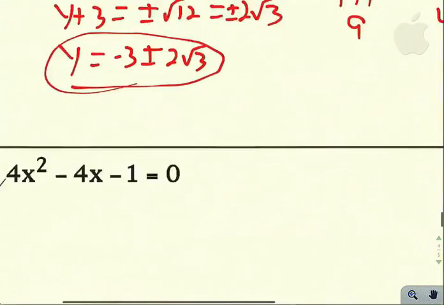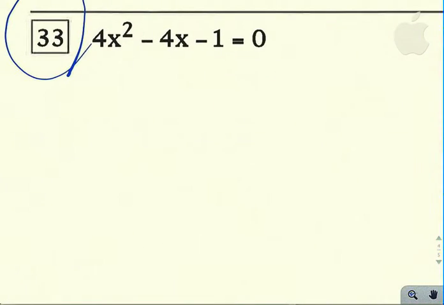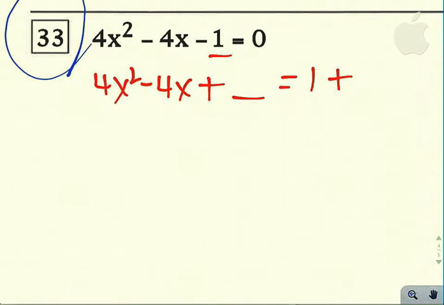I think we got one more here. Number 33. Move the minus 1 over. And half of negative 4 is negative 2. Squared is 4. Divided by the leading coefficient 4, you get 1.